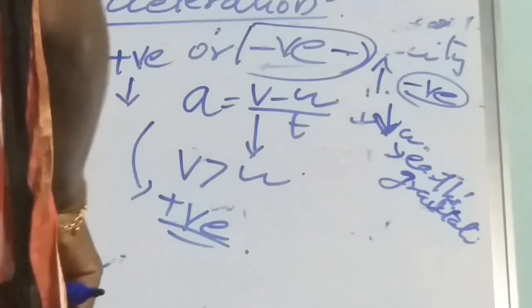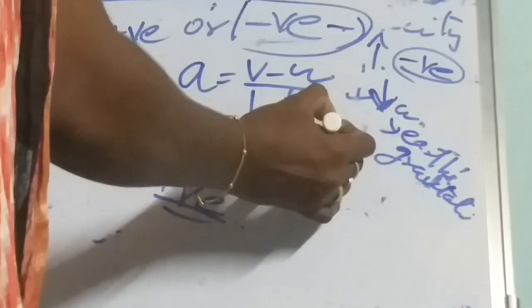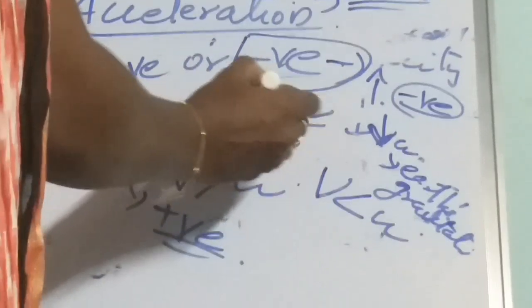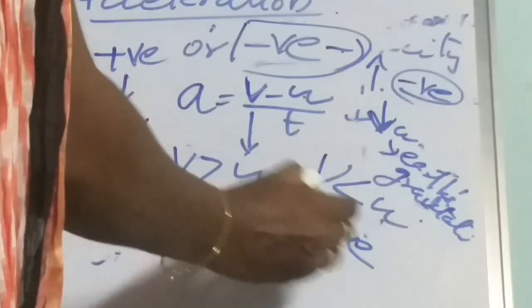In this case, the acceleration is not in the same direction as the velocity, so acceleration is taken as negative. Since the velocity is decreasing, v is less than u, so a becomes negative.